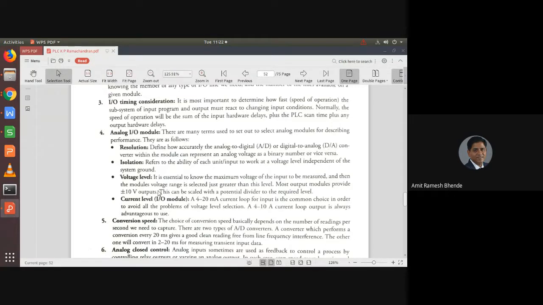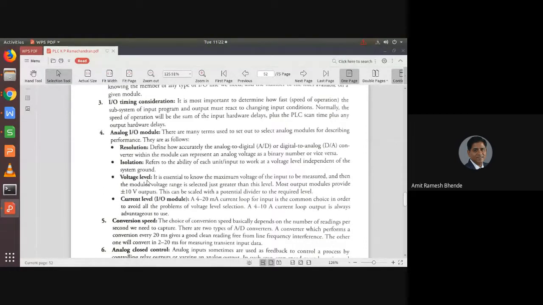If the components in the system are allowed to work at different voltage levels, then you can utilize a wide variety of devices for that application. Okay? But if you put a limit on the voltages to be handled, then you don't have many choices to select the components. So that is called isolation.